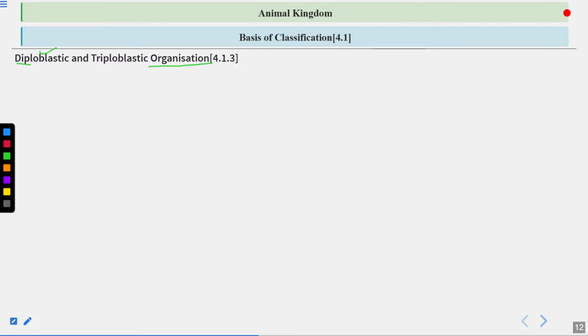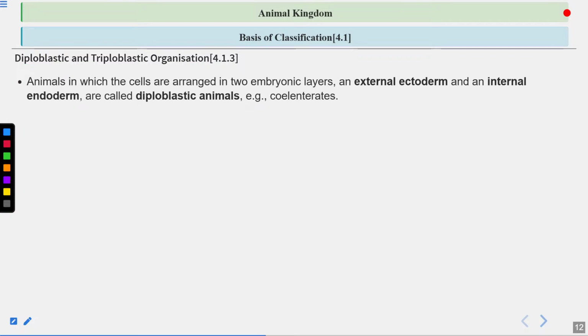Let us see that. In some animals, at the time of embryo formation, the cells are arranged into two embryonic layers. The outer or external layer is called the ectoderm, and the inner layer is called the endoderm. Only two layers are there.